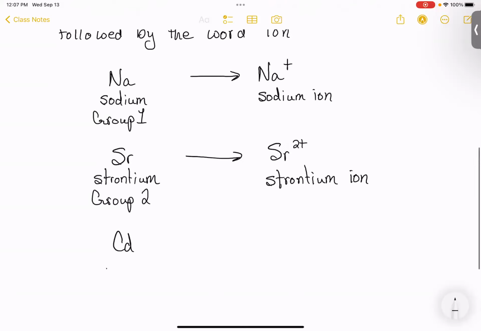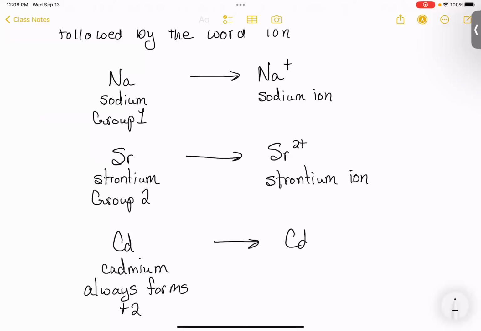Cadmium always forms a +2. So Cd2+ is called cadmium ion.